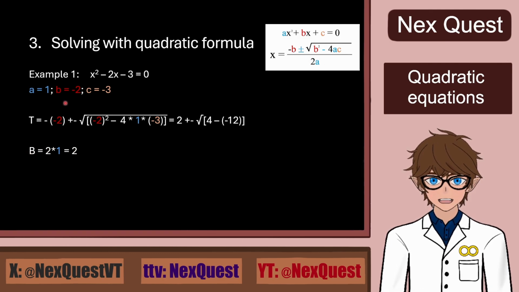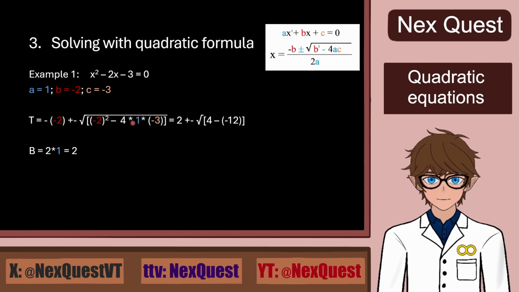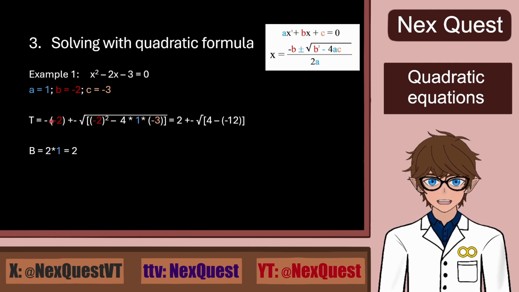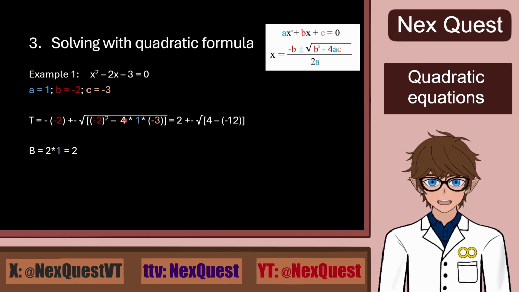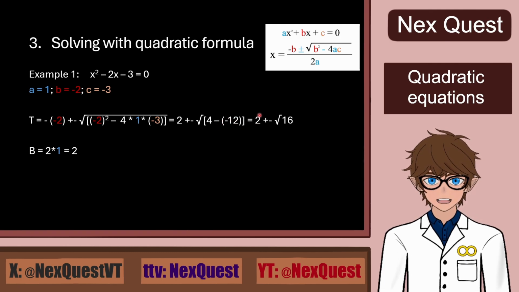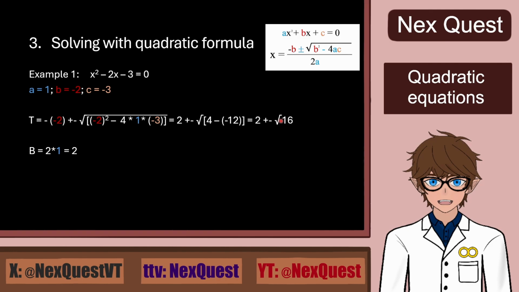So 2 times 1 is 2, which is simple. Hopefully everyone can solve that. And minus minus 2 is plus 2, and then under the root we have minus 2 squared is 4, minus 4 times 1 times minus 3 is minus minus 12, which is 4 plus 12, which is 16.